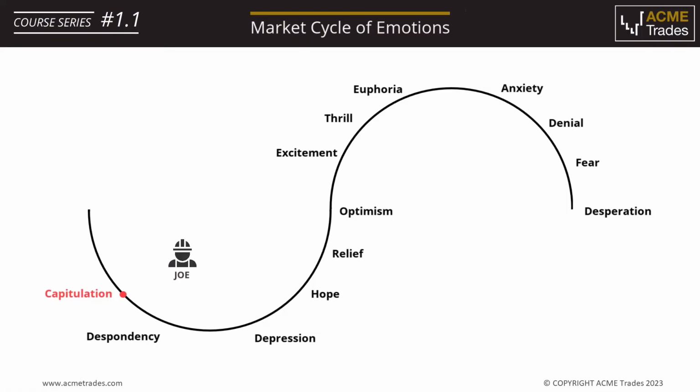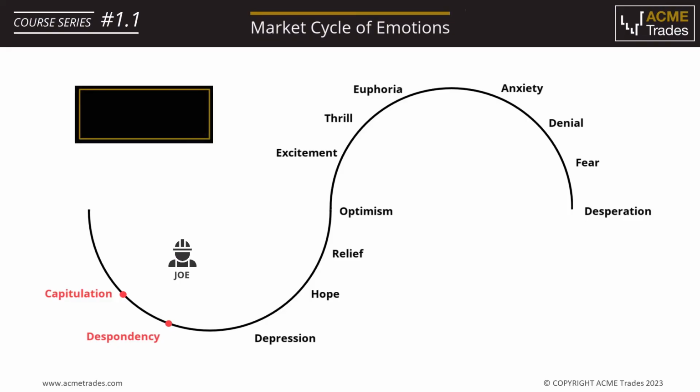This is where the average Joe can no longer hold on to pain and liquidates their positions, fueling the start of another campaign, that in the form of accumulation. And the red dots here, capitulation and despondency, is where the CO starts to build his inventory, and so the cycle continues.